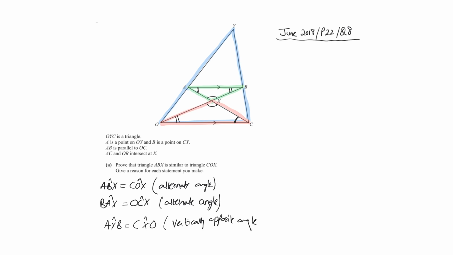So when you have three angles equal, you can say therefore triangle ABX is similar to triangle COX. And if two angles are equal, this satisfies the AA test of similarity.